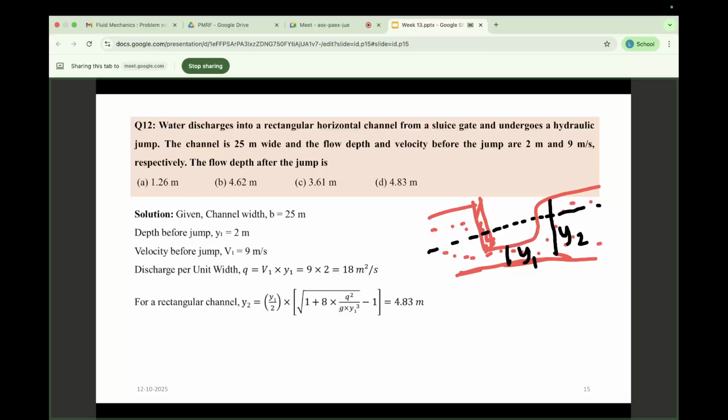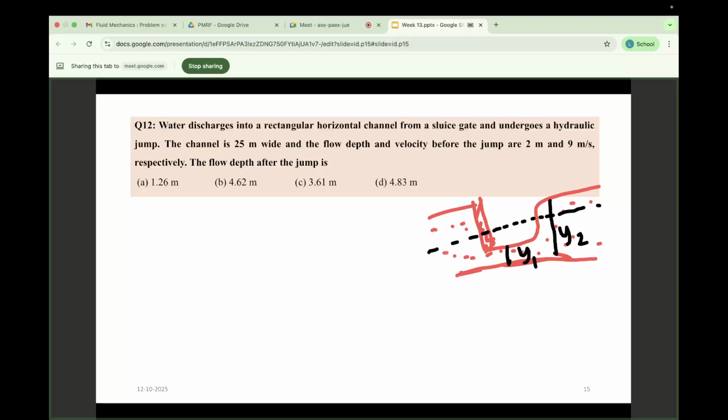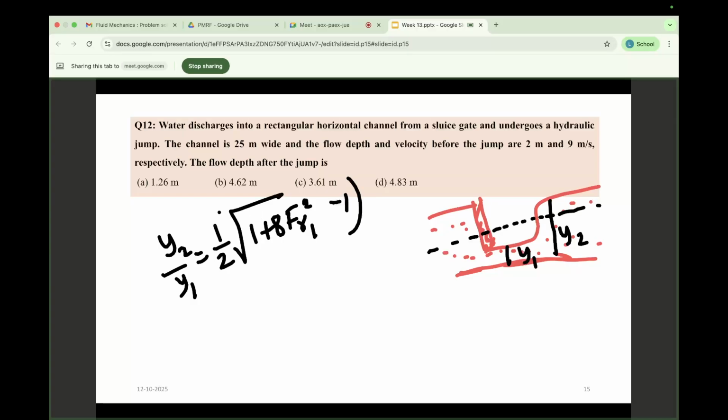In the question, the flow depth after the jump has been asked to find out. Before the jump, the depth is given and the velocity is given. So with this velocity, you can calculate the Froude number, right? You can also use the formula directly.